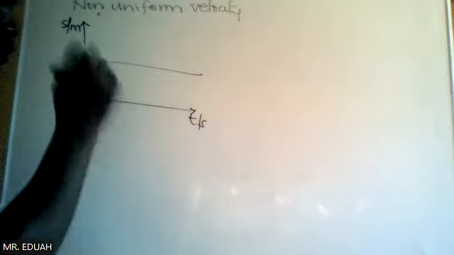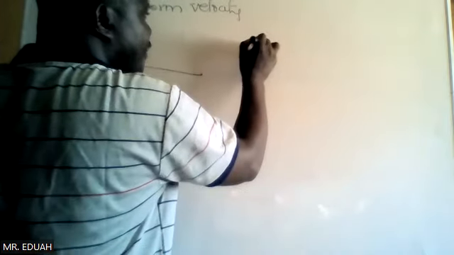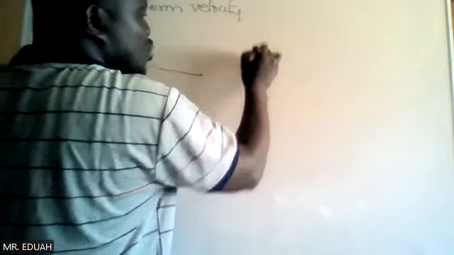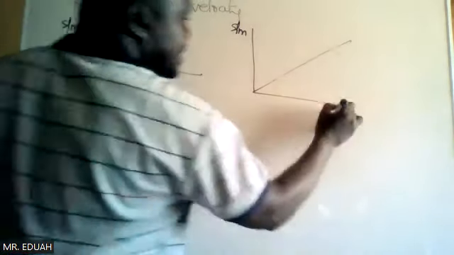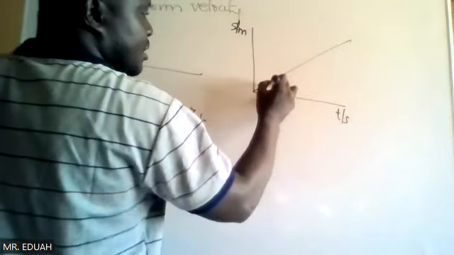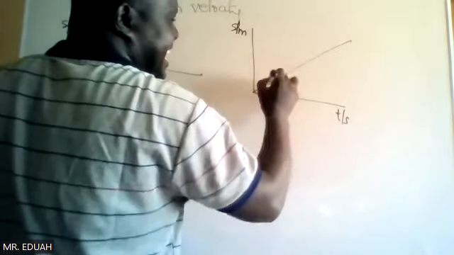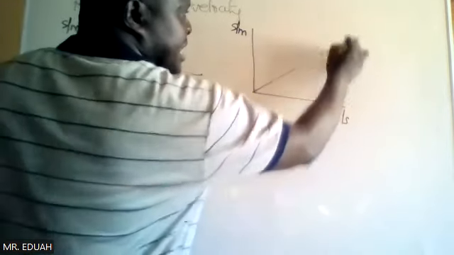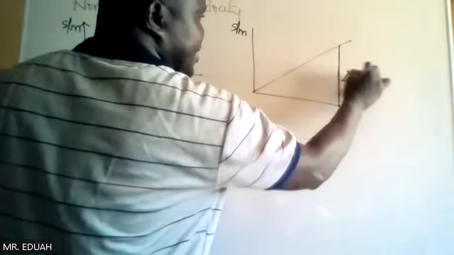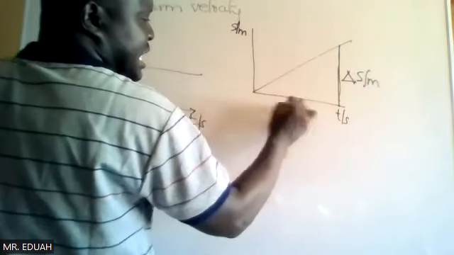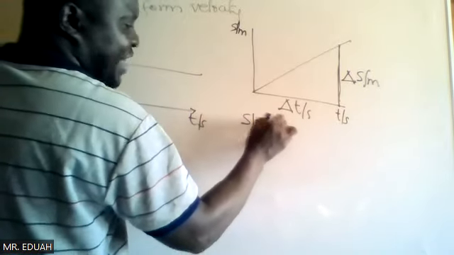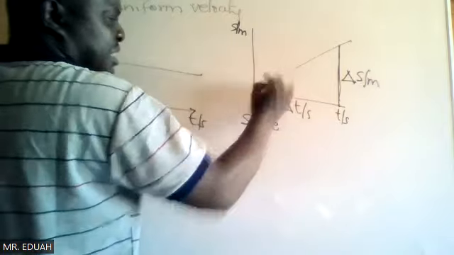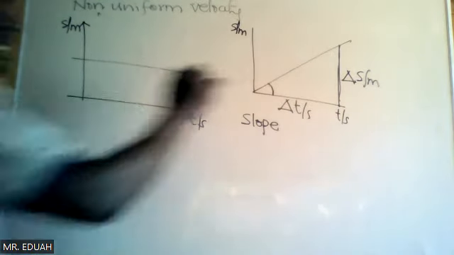Look, we saw that when there is a slope, for a distance or displacement time graph, the slope is an angle. When I take the change in the vertical, which is displacement or distance, against the change in the time, the slope refers to this angle, theta.